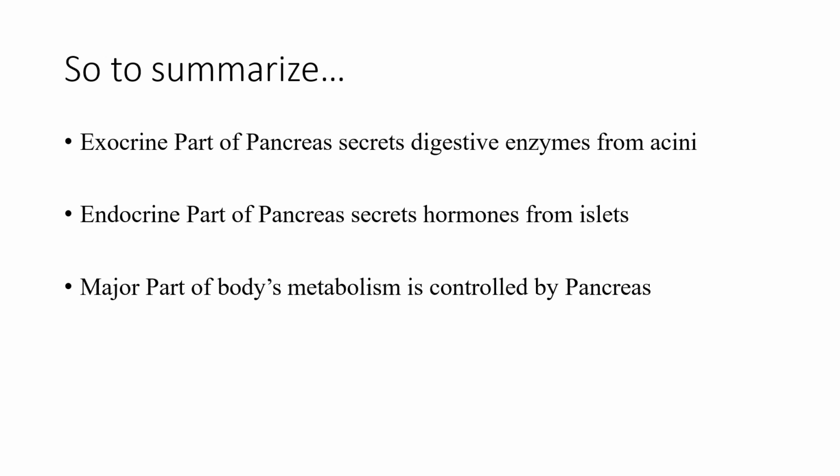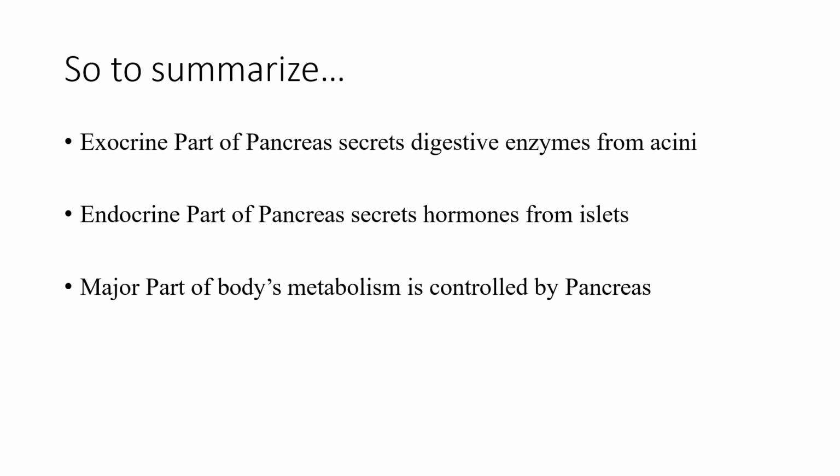And finally, to summarize, we have seen the exocrine part of the pancreas secretes the digestive enzymes from the acini, and the endocrine part secretes the hormones from islets of Langerhans, and the major part of the body's metabolism is controlled by the pancreas. So we have seen the mechanism of secretion of the pancreatic juice in the picture. From the blood, the CO2 enters into the ductal cells.